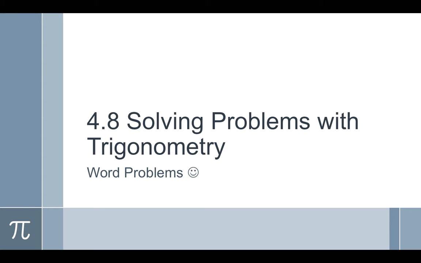First, we have to define a couple of terms. The two that we're going to define here are things called angle of elevation and angle of depression. These are very important for us because word problems like to use these two terms, and we need to know what they represent.